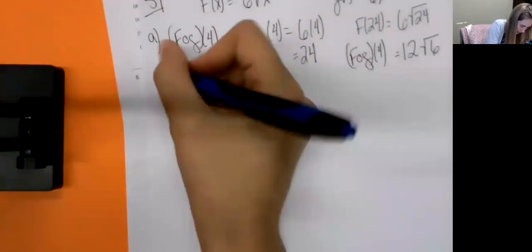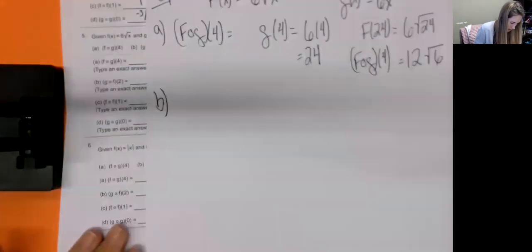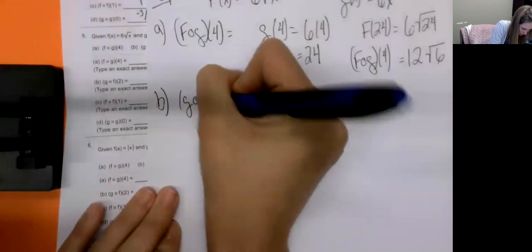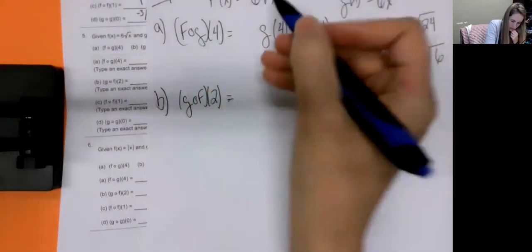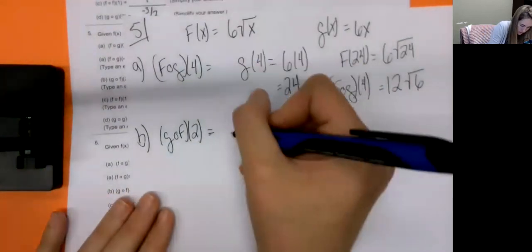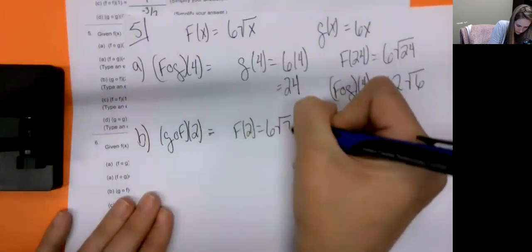So B is g of f of 2. First we're going to substitute 2 into our f of x function. So we have f of 2 equals 6 square root of 2.